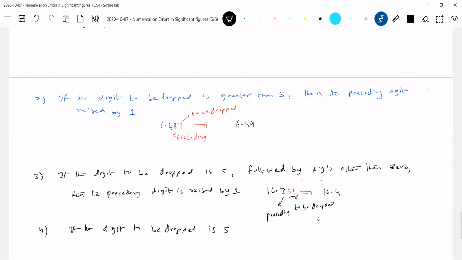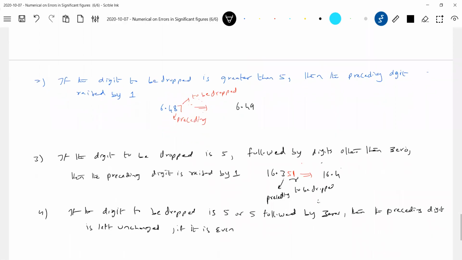If the digit to be dropped is 5 or 5 followed by zeros, then the preceding digit is left unchanged if it is even.